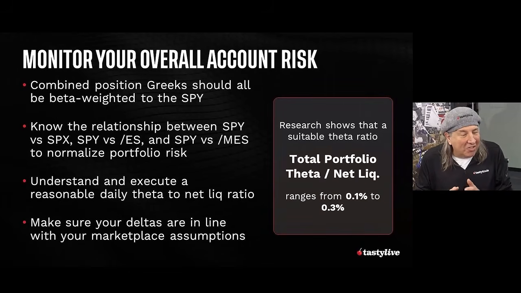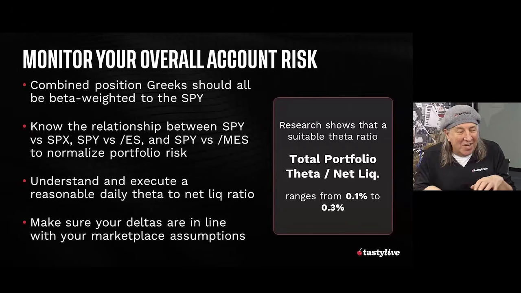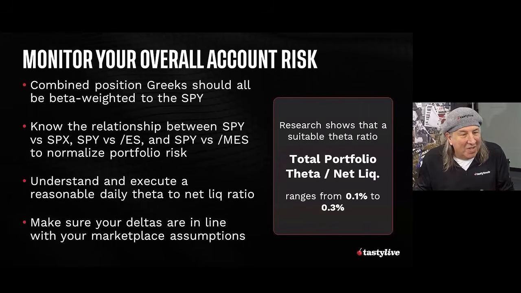Once you understand those, they're all the same product. So before we go off and think, oh my God, these are all different, no, they're not. They're all the same product. The SPY and the SPX all have their little nuances. One has dividends, one doesn't, one has the carry cost built in, one doesn't, one has a different kind of settlement than the other one, all that kind of stuff. But the reality is they're all the same. They're all the S&P 500.